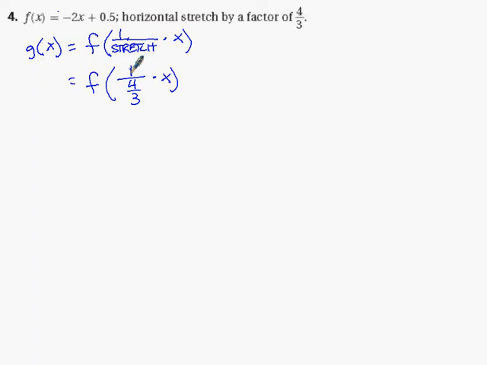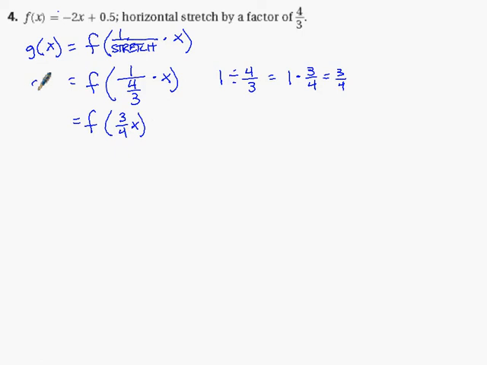Just a little side note: 1 divided by 4/3 is the same as 1 times 3/4, which is 3/4. So when you divide 1 by a fraction, the answer is the reciprocal. So x is being multiplied by 3/4. So this is 3/4 x.